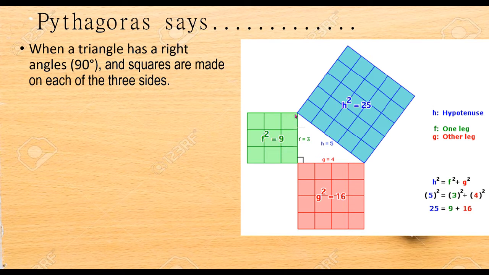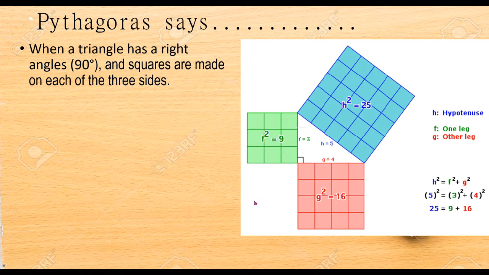So you can imagine this side is 3 units. The paper here is a square, with 4 equal sides. And then the second one, he got 16. And when he arranged the three numbers here, he found that the largest paper, or the largest area, which is 25, is equal to the sum of these two areas.